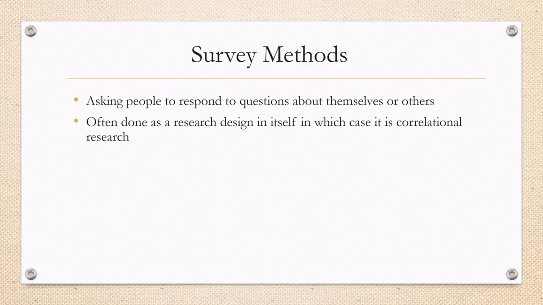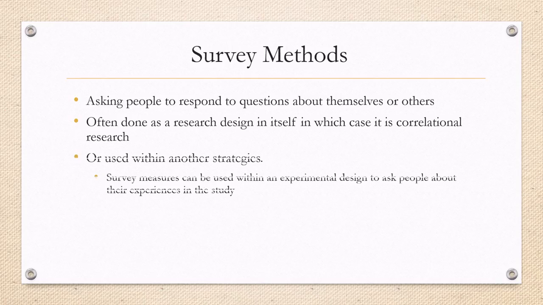This is often done as a research design in itself, in which case it is correlational research. Or, like I discussed earlier, it can be used within another strategy. So surveys or questionnaires can be used within an experimental design to ask people about their experiences in the study.